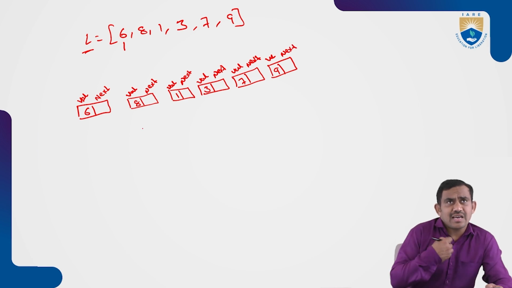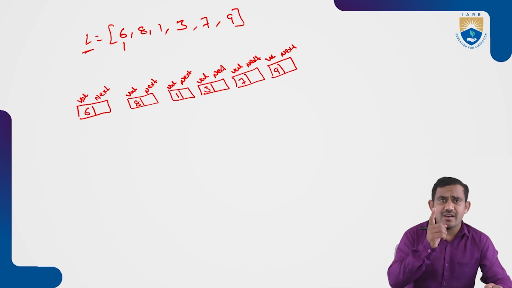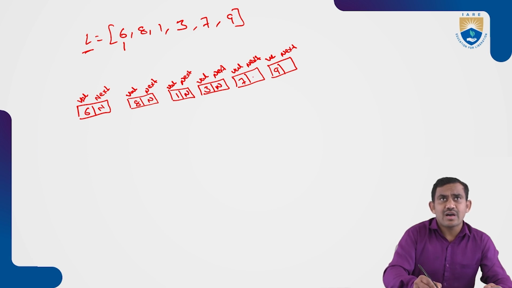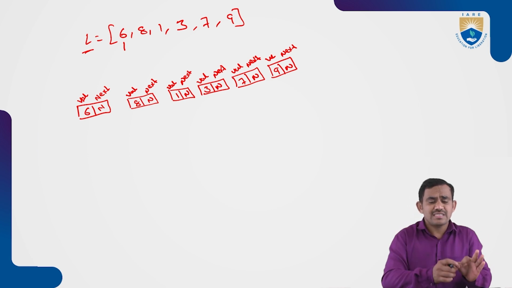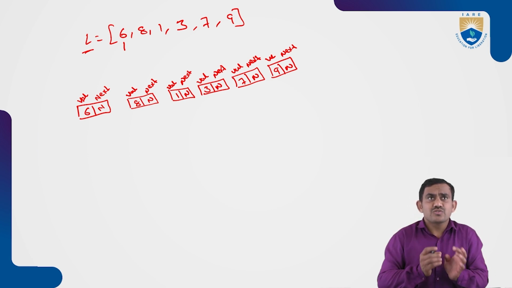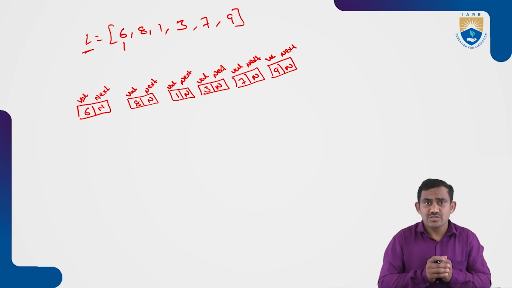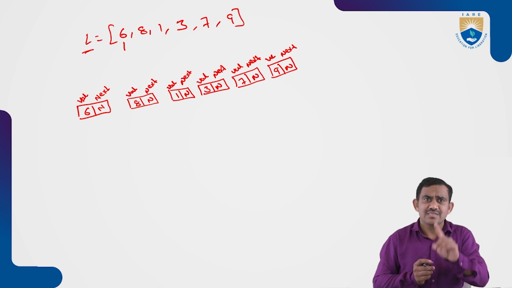Now suppose I have the addresses. Before going to addresses, when you're creating the node, we have the values, and next will always be None. This is None, None, None. These are the Nones when you're creating. I have each node. How many elements do we have in the list? 6 elements, so I create the 6 nodes. Done, I created them, but I want to link each node. When you're creating the node, data is set and next will always be None.